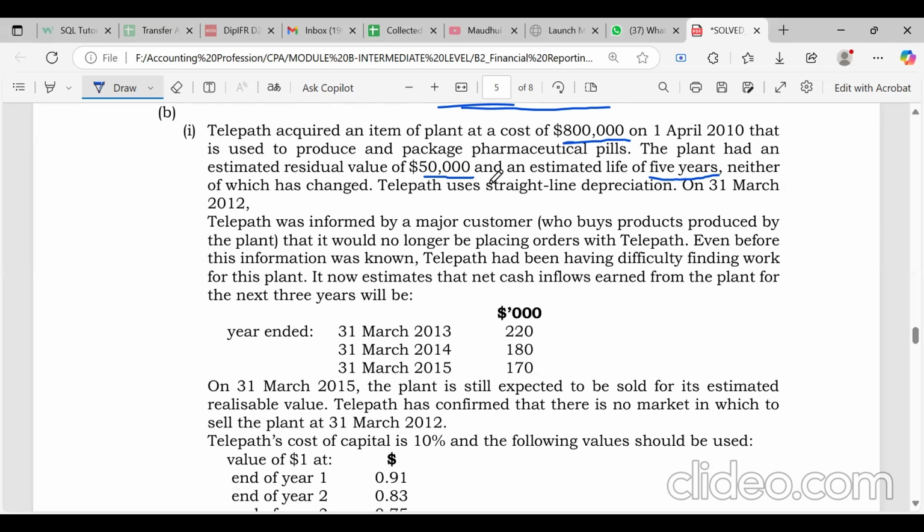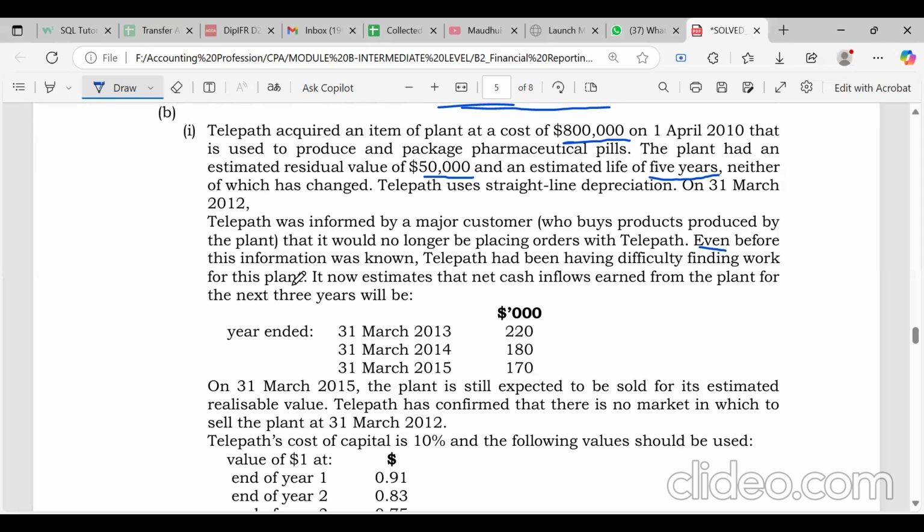And so here, we're told it will no longer be used. Even before this information was known, Telepath had been having difficulty finding work for this plant. That is the other reason.